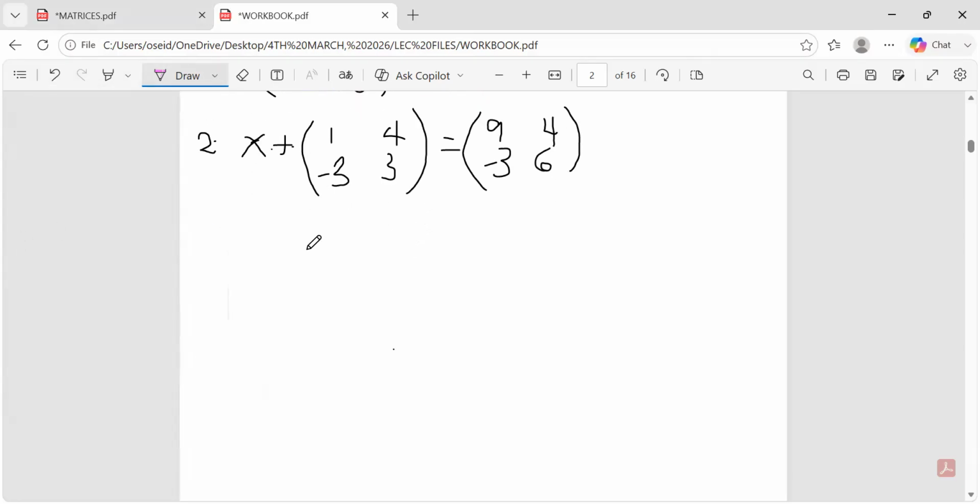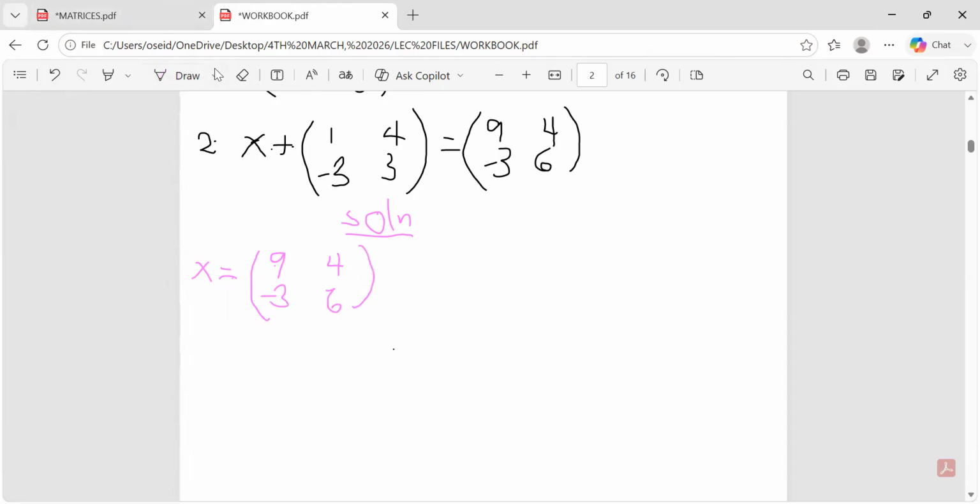Let's group like terms first because we want x to stand on its own. So solution. You get x to be equal to 9 4 negative 3 6 minus 1 4 negative 3 3.